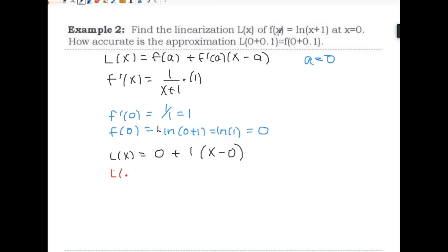So L of 0.1 would be equal to 0, which is gone, plus 1 times 0.1. So we see that the linearization approximation of the natural log at 0.1 is 0.1.